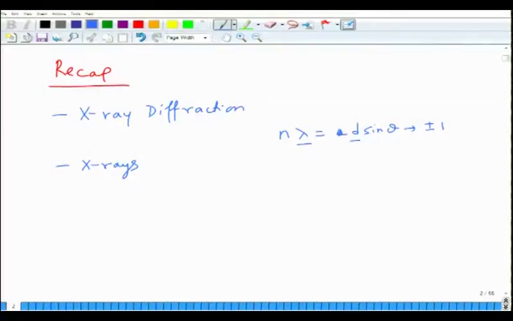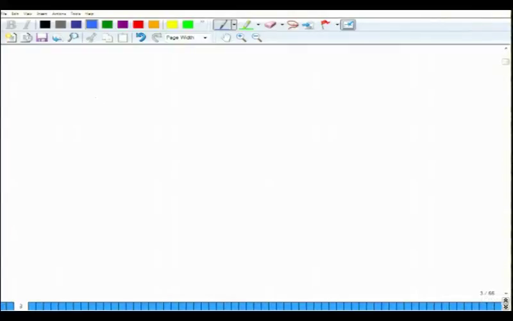When the electron goes from a higher to a lower energy level, it emits an X-ray photon, and this X-ray corresponds to the energy difference between the two energy levels. For K alpha, it is going to be the energy difference EL minus EK.